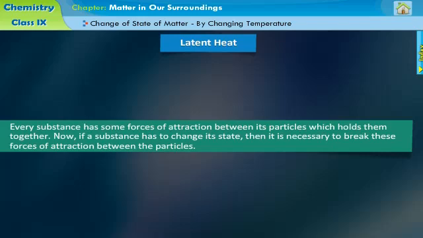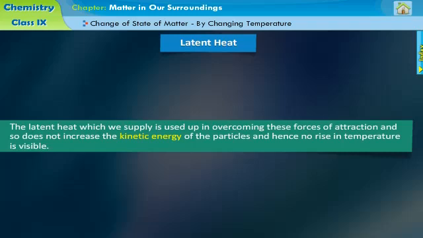Now, if a substance has to change its state, then it is necessary to break these forces of attraction between the particles. The latent heat which we supply is used up in overcoming these forces of attraction and so does not increase the kinetic energy of the particles and hence no rise in temperature is visible.